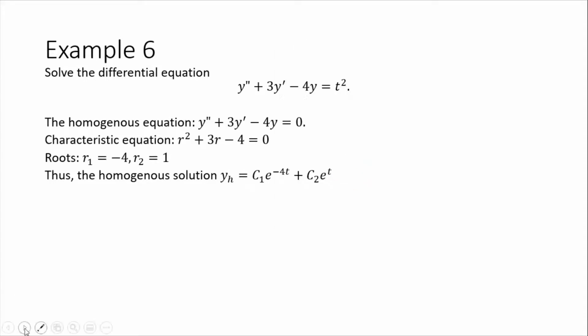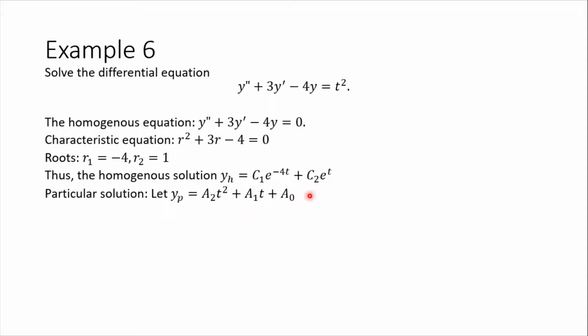Okay, so now of course we just find the particular solution. We want to find the particular solution because on the right hand side here we have a polynomial of degree 2. Of course what we're supposed to do here is we assume that the solution will be also a polynomial of degree 2.